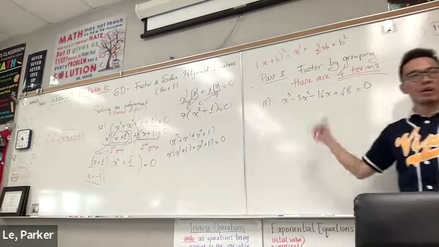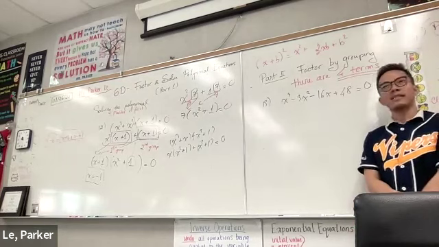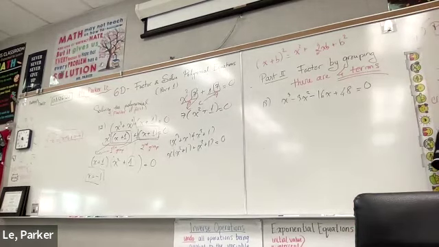So usually put them in standard form and try the first two. Okay, usually I would say 70%. We've got to go next.